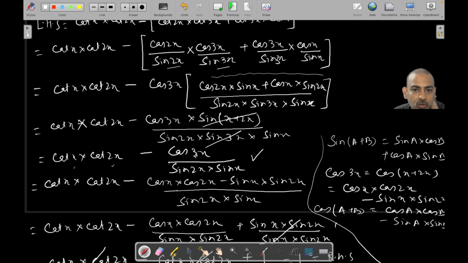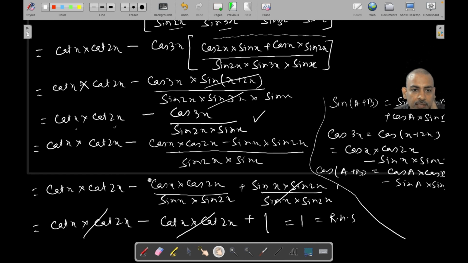So I reduced cos 3x again to some form of x and 2x, and thought that something will get cancelled out. This was the observation. We were not doing it blindly. We knew that this expression was going to cancel out because eventually we have to have 1 on the right hand side. So that's why we proceeded with that. When we did that, we saw cot x into cot 2x was getting cancelled out and we were left with 1.